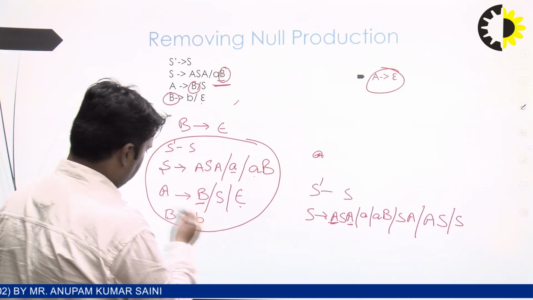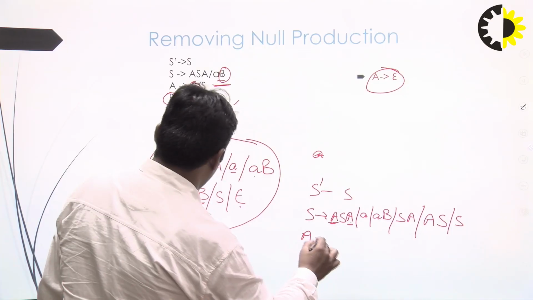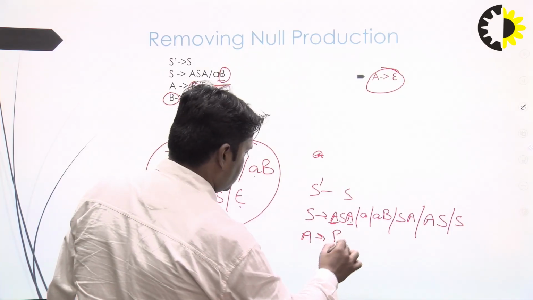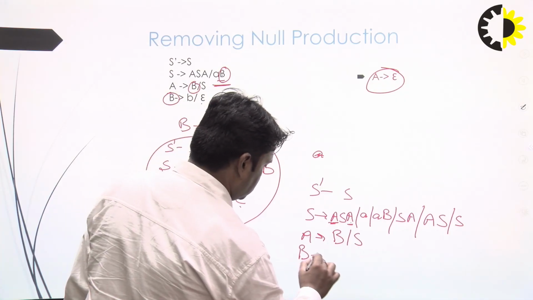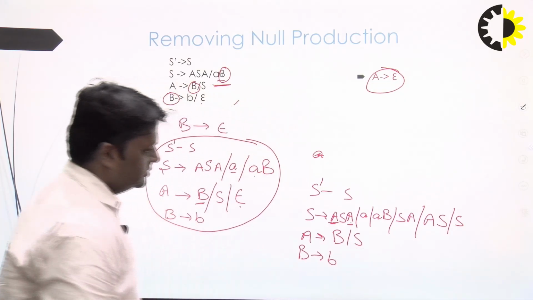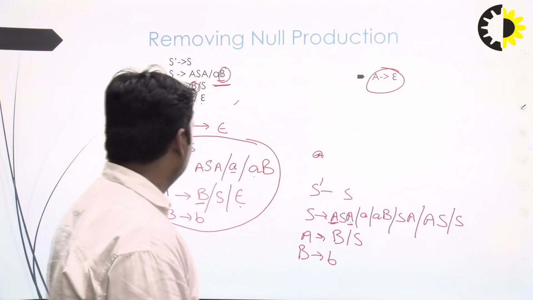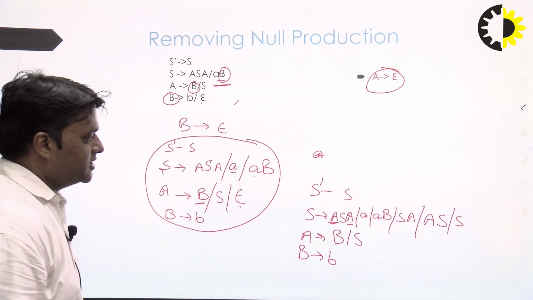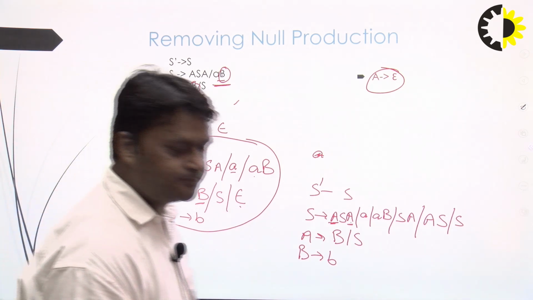No other production has A in this production. Now A implies B slash S and B implies b. This is our new production where null productions have been removed.